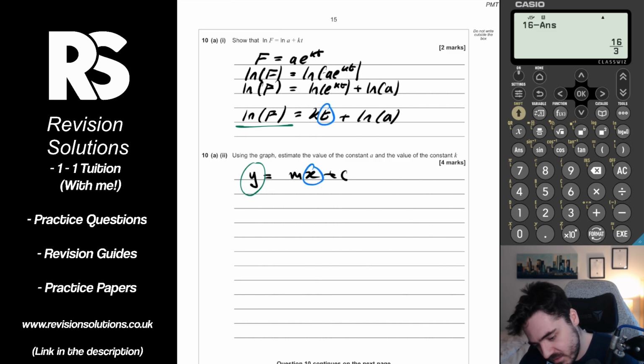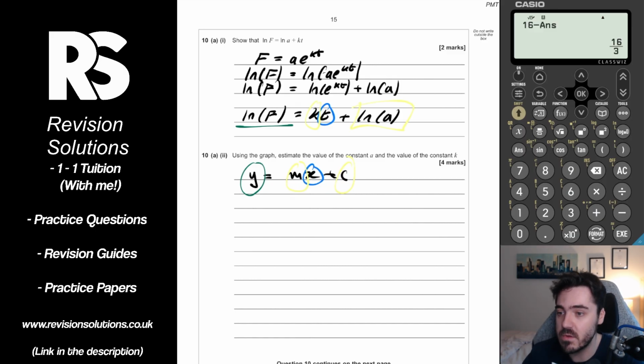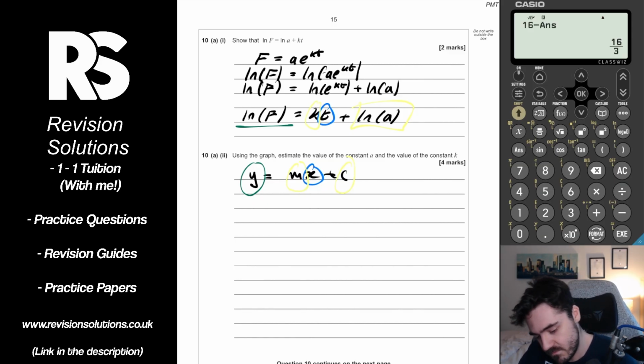So that means the gradient must be k, and our plus c, the y-intercept, must be the natural log of a. So we can just go and look at the graph for the gradient and the y-intercept, or the vertical intercept, I should say, and get k and the natural log of a.